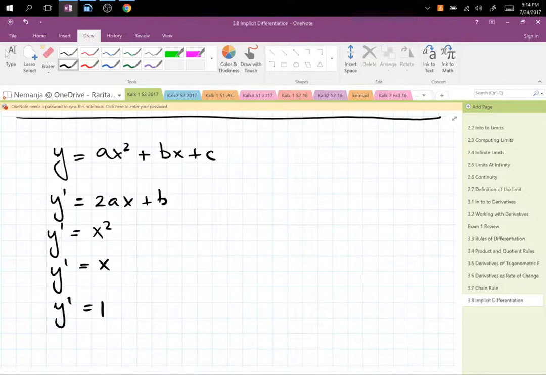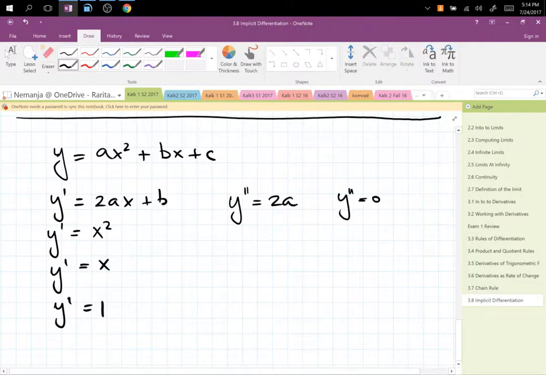Where are these things coming from? If I want to take the second derivative, y double prime would be 2a. And then the third derivative would be 0 if I continue taking derivatives. But I'm not talking about higher order derivatives. I'm just talking about the first derivative.